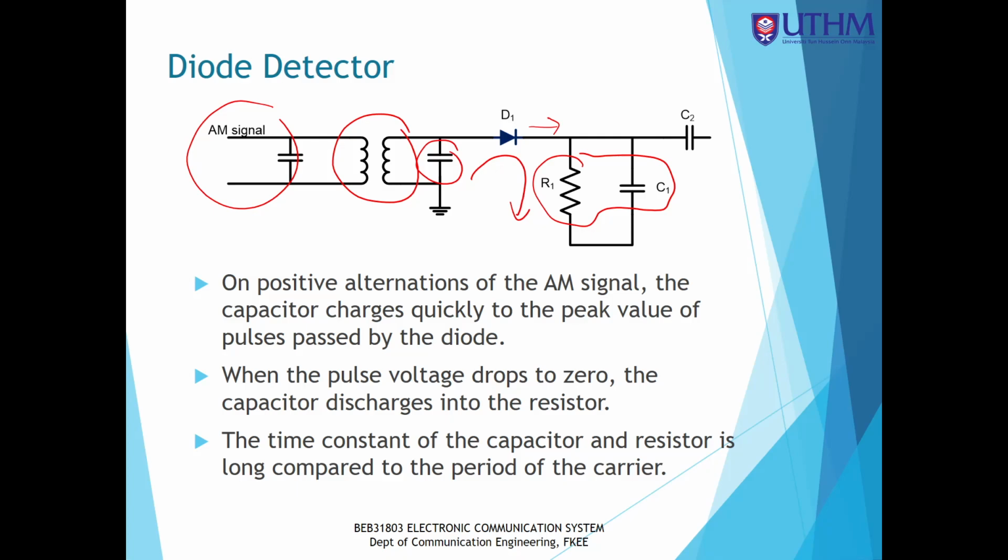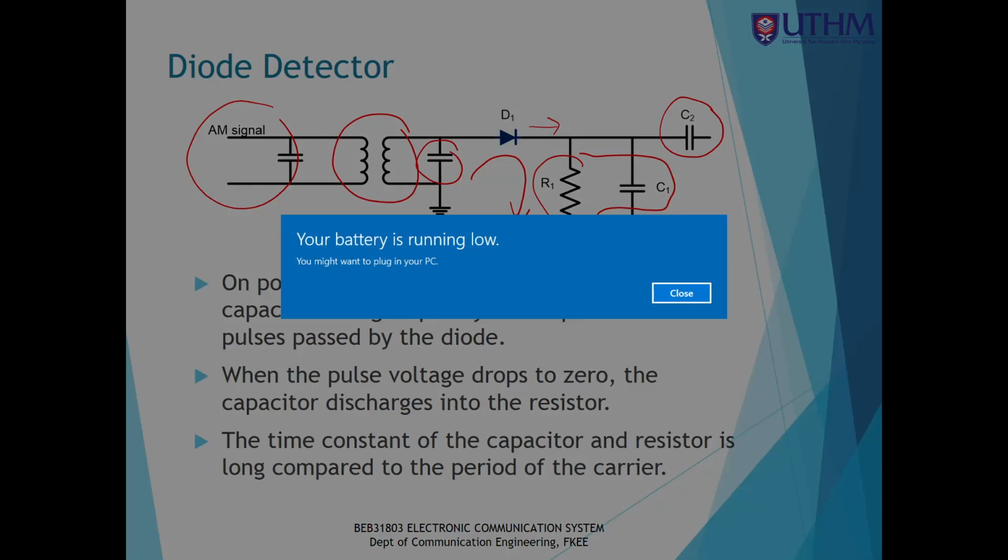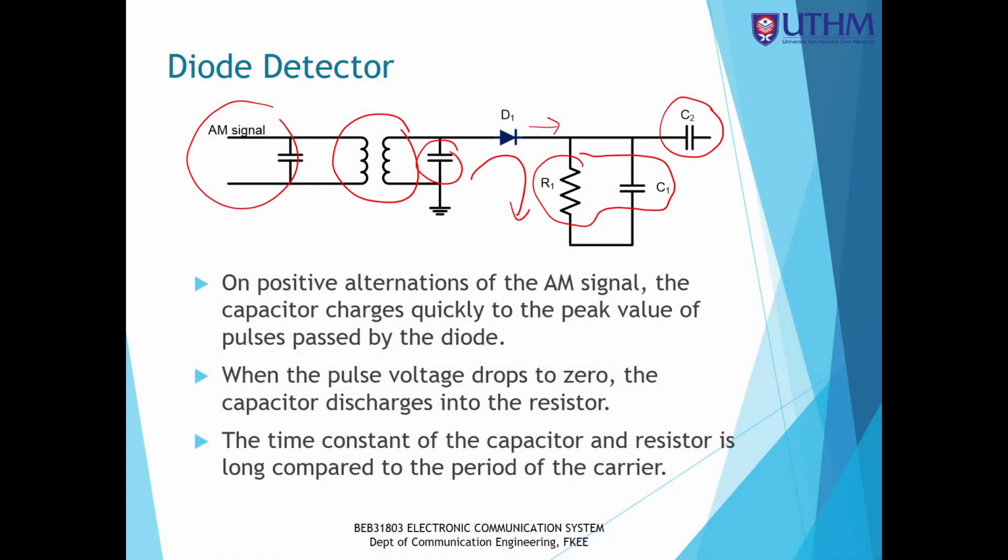And this capacitor C2 will remove the DC voltage and allow only AC voltage to flow in the circuit. So C2 will remove the DC voltage.